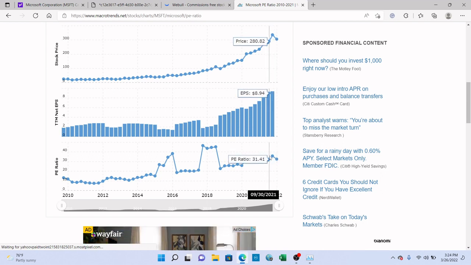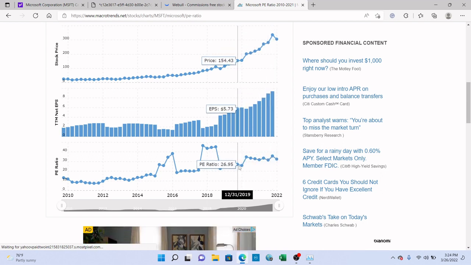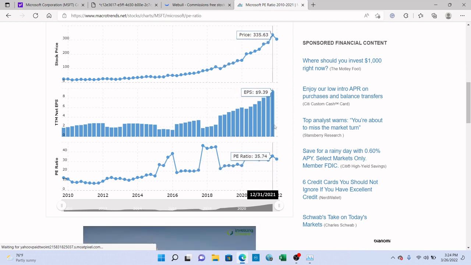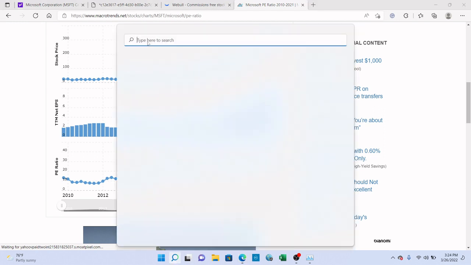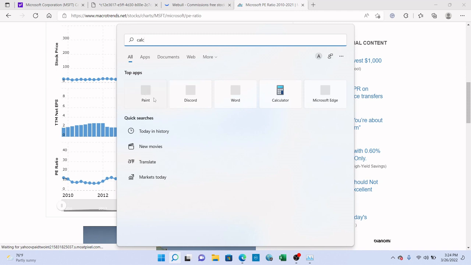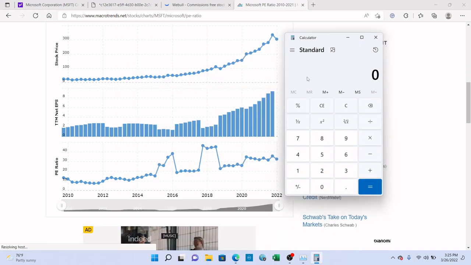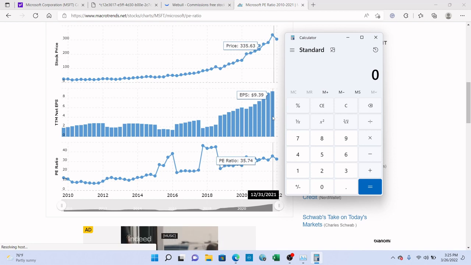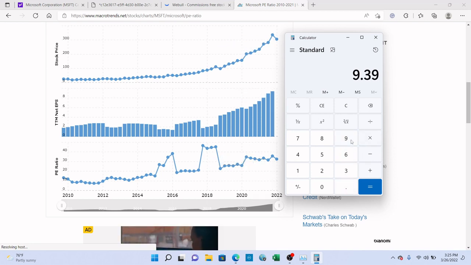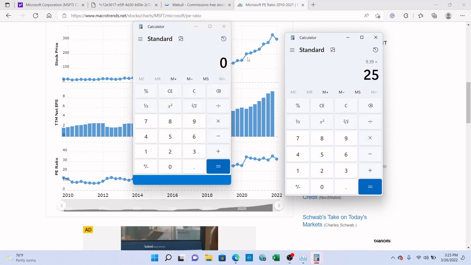So, I mean, let's just look at what Microsoft would look like if we're looking at a 25 PE ratio. So the way you calculate that is that you just get the calculator. We're going to get the calculator right here, and we're going to basically get 9.39. We're going to multiply this by 25.